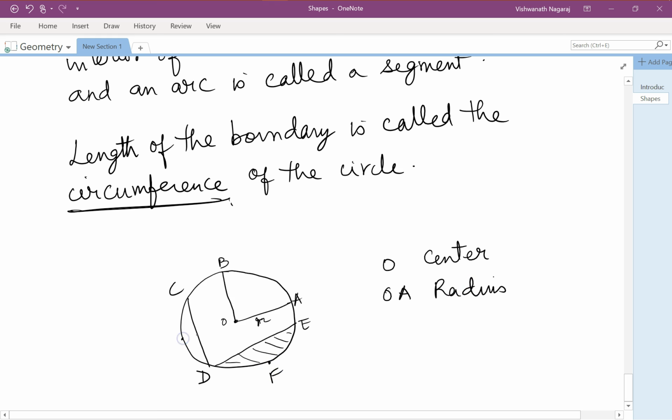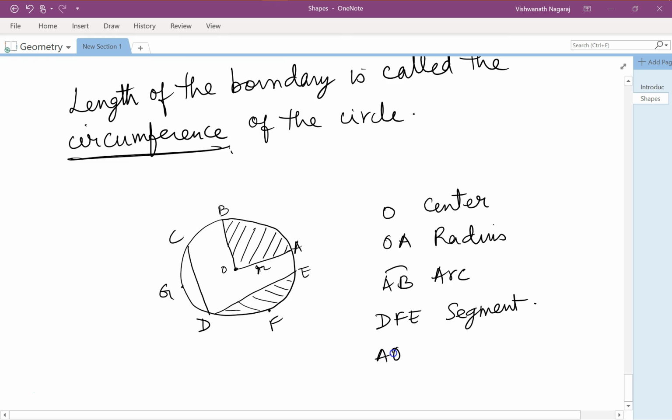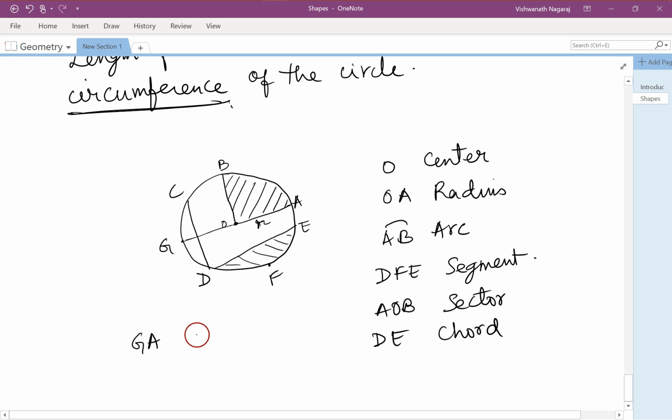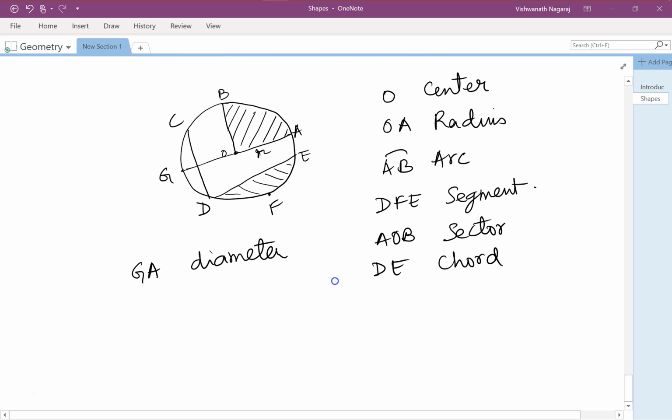Let's put a point here and name it. AB is an arc. DFE is a segment. AOB is a sector. DE is a chord. GA is a diameter. So that is a circle.